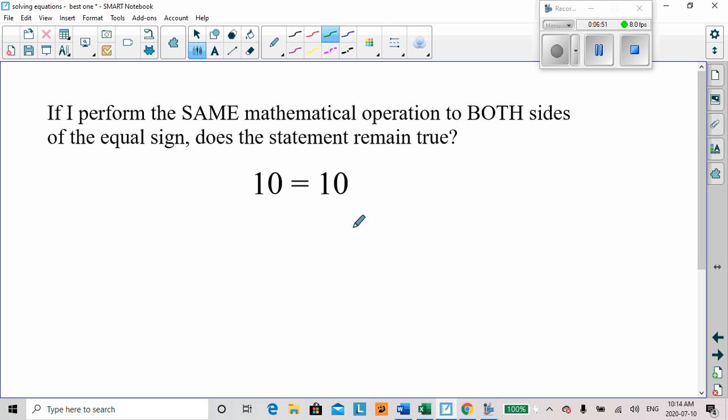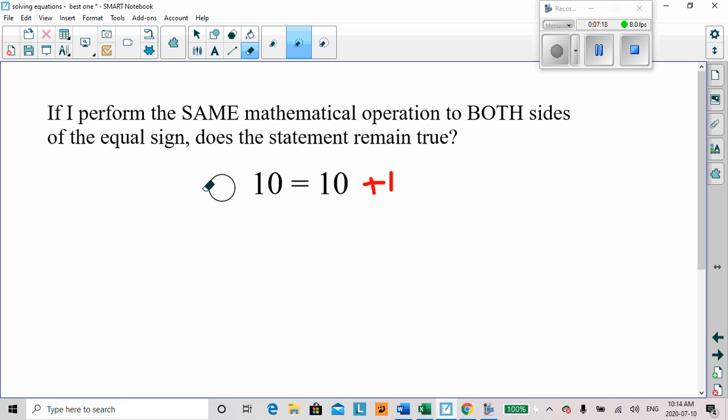Now, if I perform the same operation to both sides of this, does my statement remain true? So if I add, let's say, 1 to both sides, add 1 to this side, add 1 to this side, is it still true? It sure is. Both sides are equal to 11.